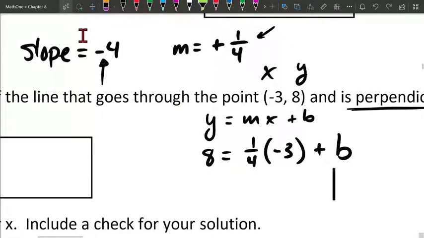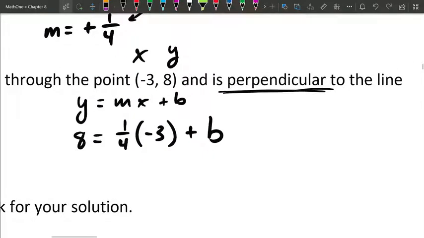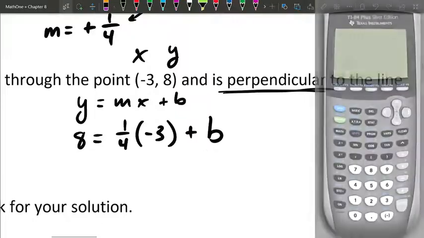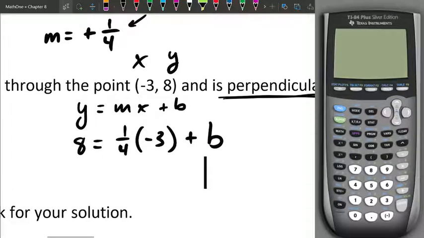So let me grab my friend the TI calculator and turn it on. There it is. I'm going to go 1/4 times -3.